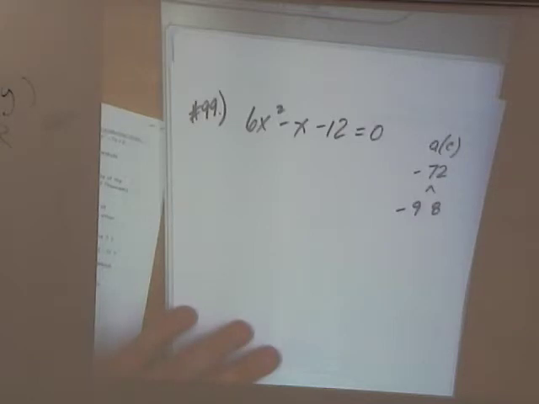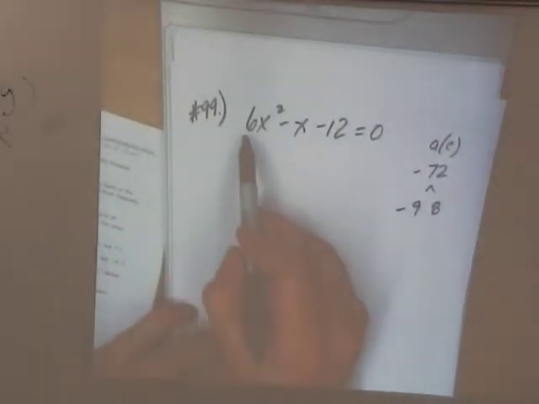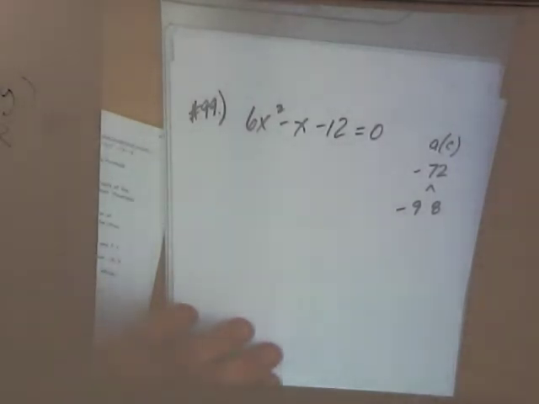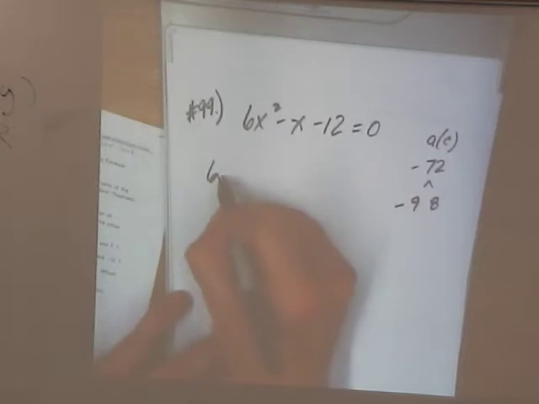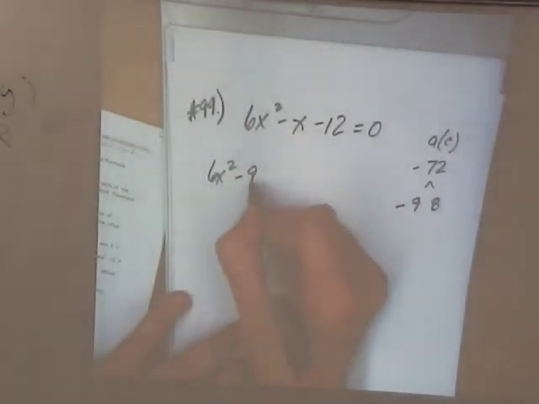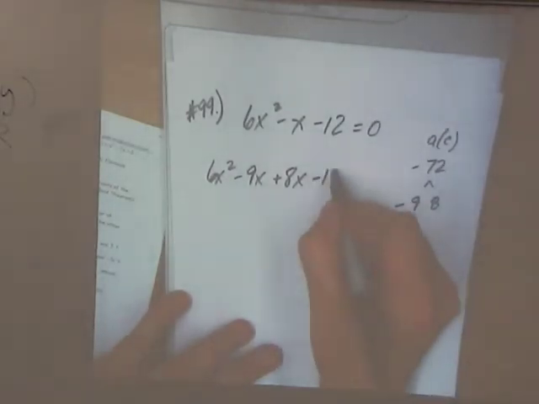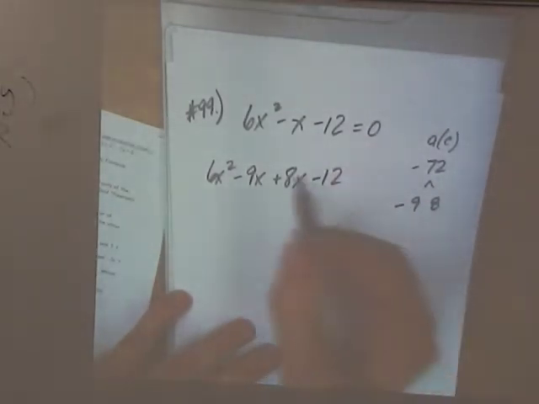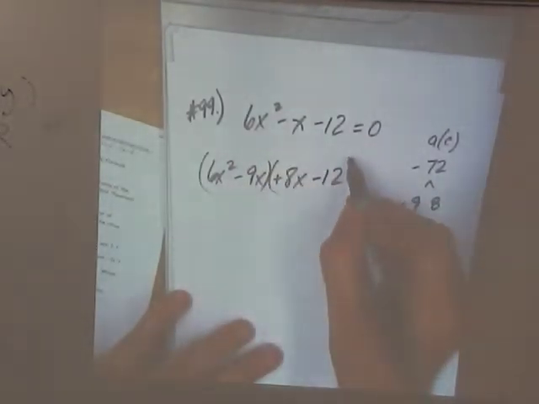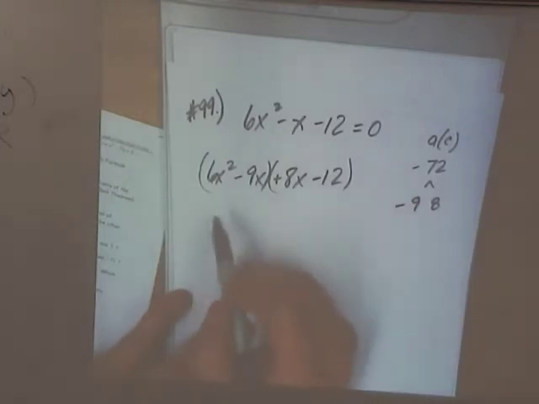What do I gotta do now? My A is not equal to 1, so we gotta split the middle term, right? So it'll be 6x squared minus 9x plus 8x minus 12. Group them by 2's. What can I pull out of the first grouping? 3x.